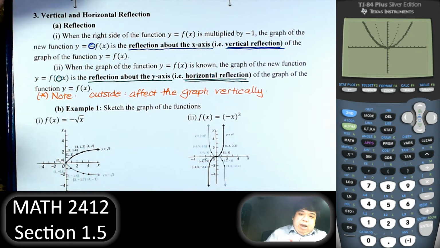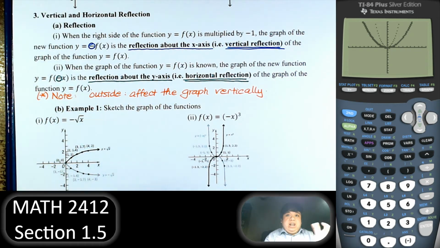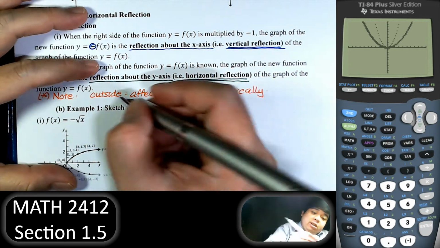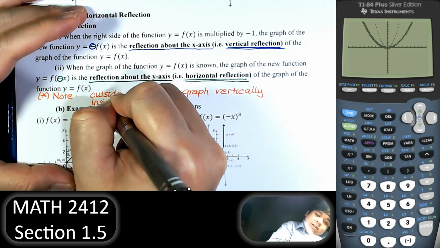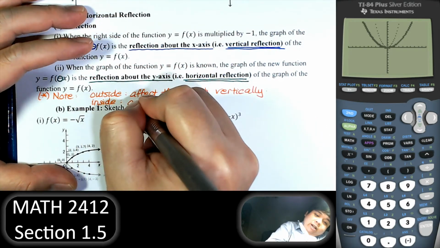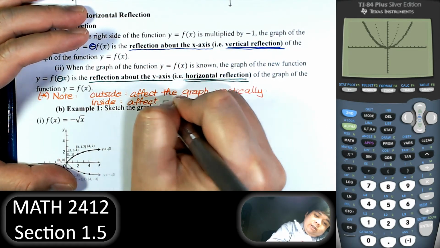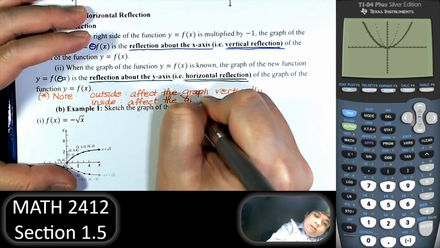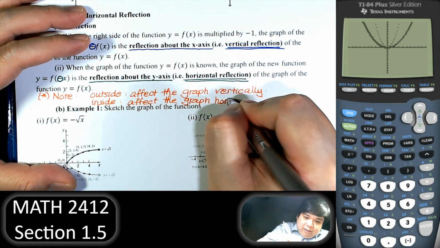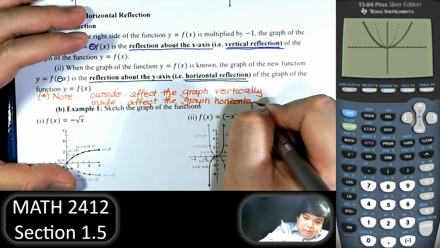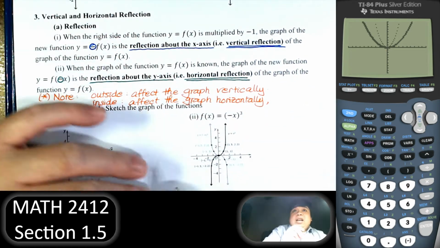Yeah, if we have f of x and then we throw the negative in front of it, it is outside of the function. That means it affects the graph vertically. If it is inside, like this, it will affect the graph horizontally. But in reverse manner.